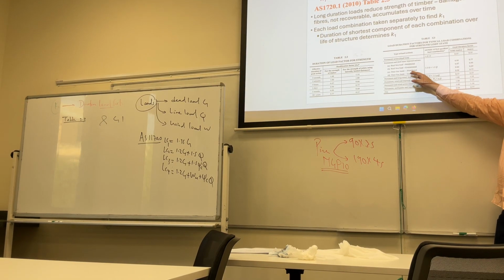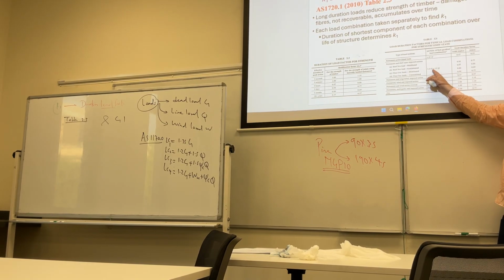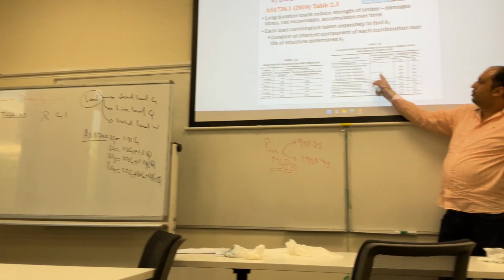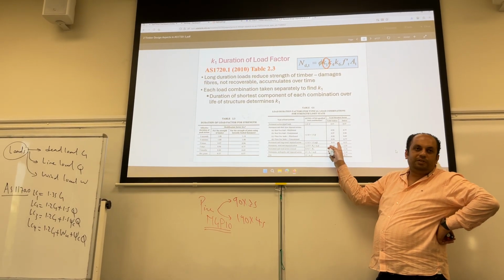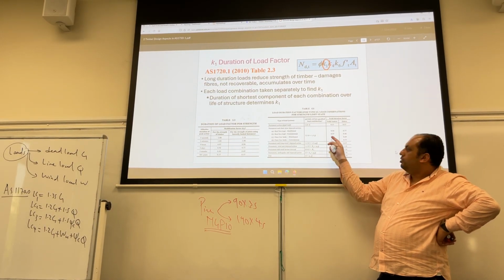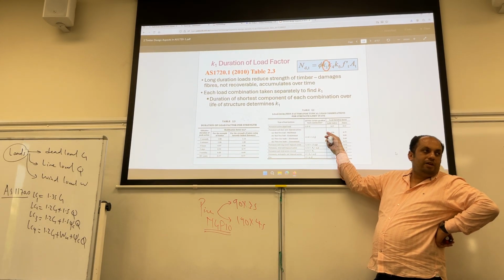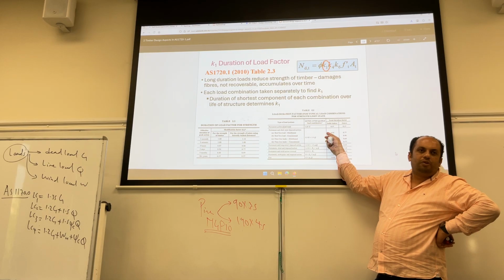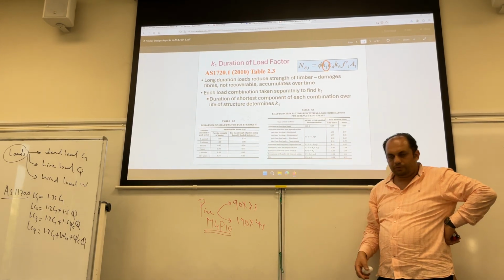So for live load, roof live load, floor live load, we have 1.2G plus 1.5Q. So the standard gives us a list of the values of K1. So if you are designing a roof, how much is the factor K? 0.94. If you are designing a floor, 0.8. Okay.